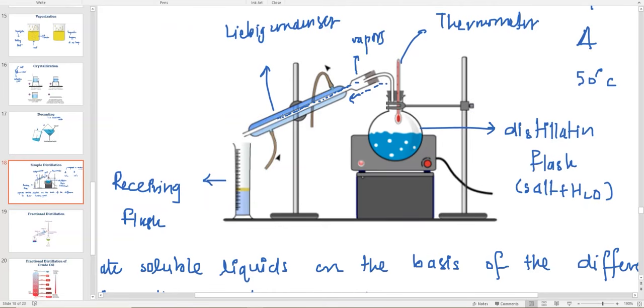So cold water will go in, and cold water out.